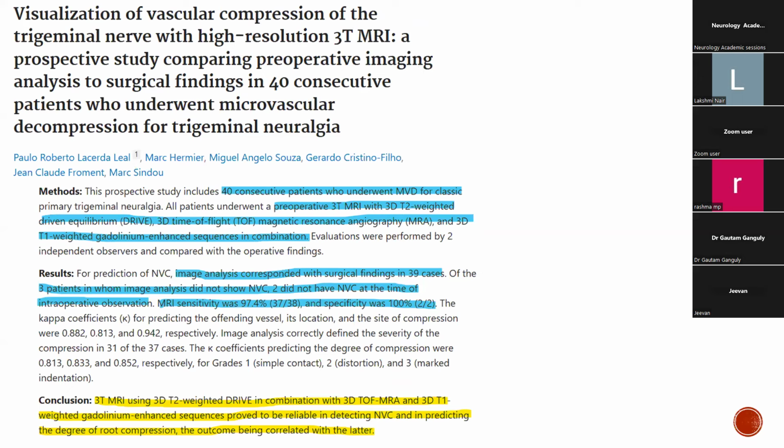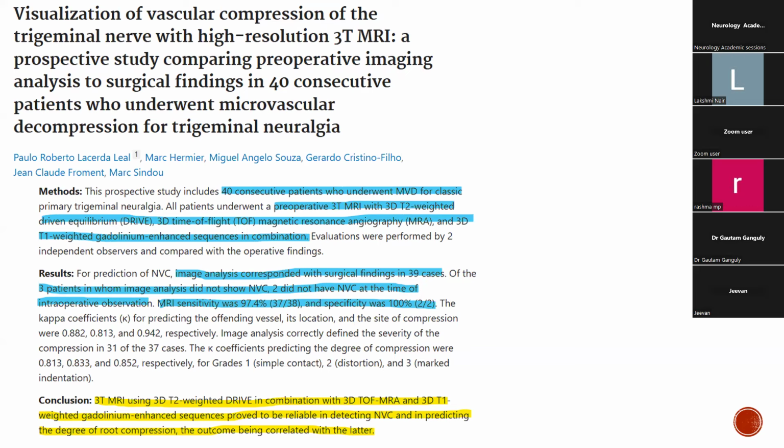Another study looked at the visualization of the vascular compression with the resolution of 3T MRI, which was a prospective study that included 40 consecutive patients, in the pre-operative analysis. They have done 3T MRI with 3D T2 weighted driven equilibrium, that is the DRIVE sequence, 3D TOF, as well as 3D TOF MR angiogram, as well as 3D T1 weighted gadolinium enhanced sequences.